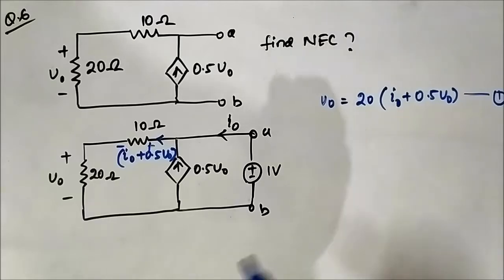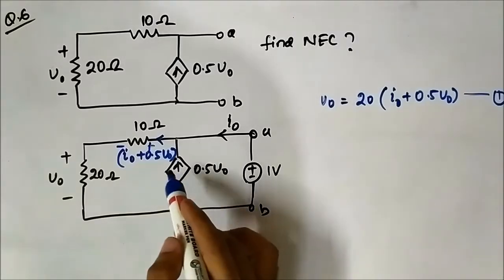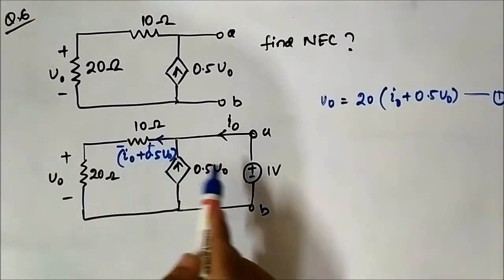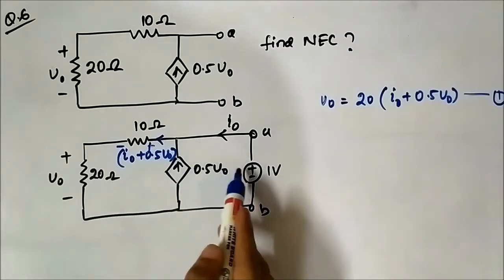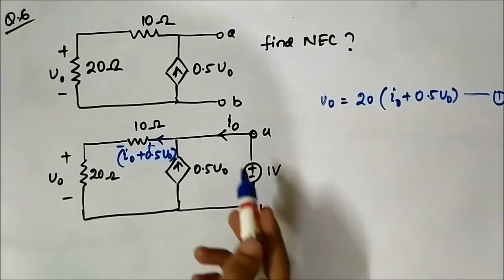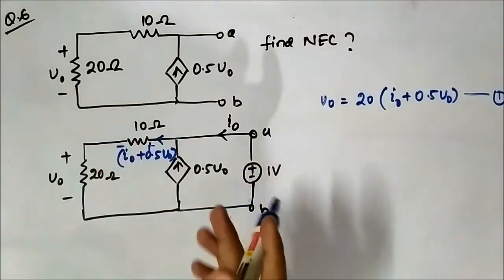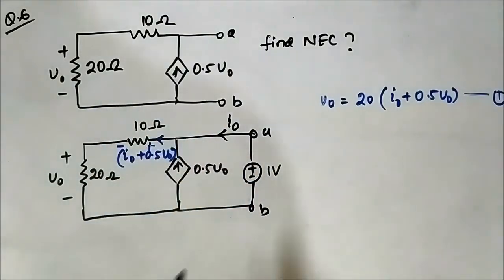Now another important thing is that this is a dependent current source in between these two closed loops. So we can directly apply KVL in this super mesh. Okay, this becomes a super mesh.